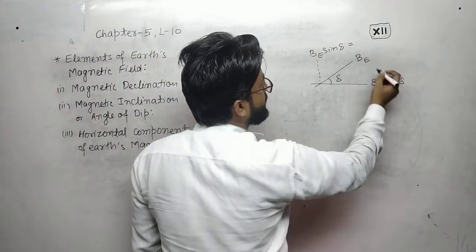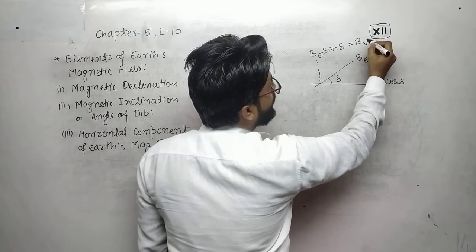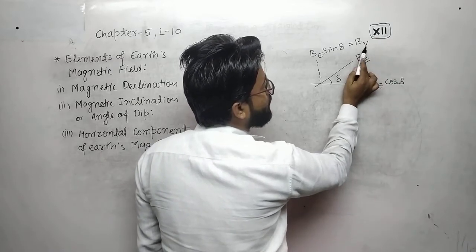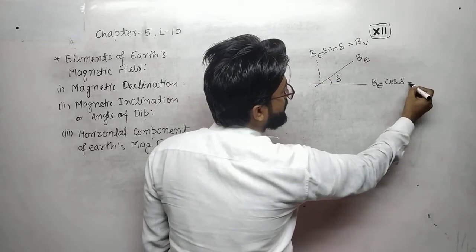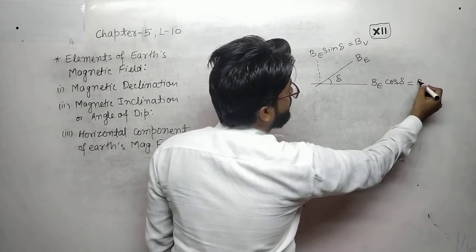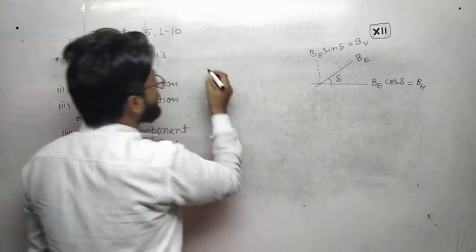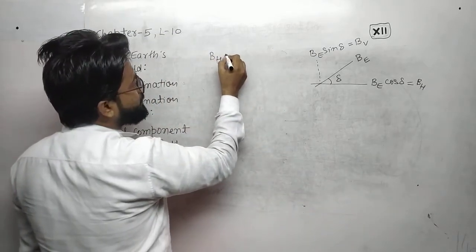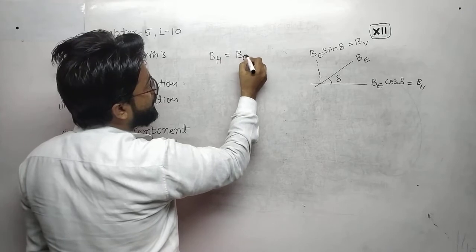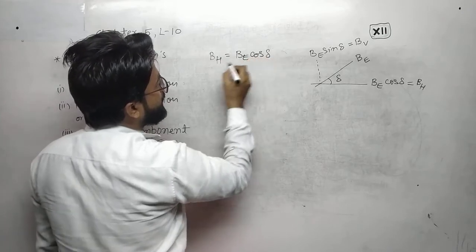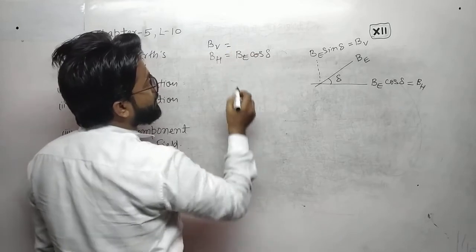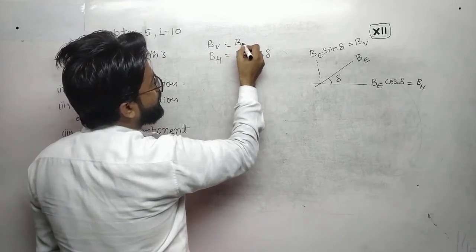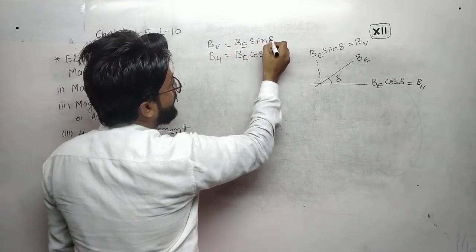You can write the vertical component BV equals BE sin delta, and the horizontal component BH equals BE cos delta.